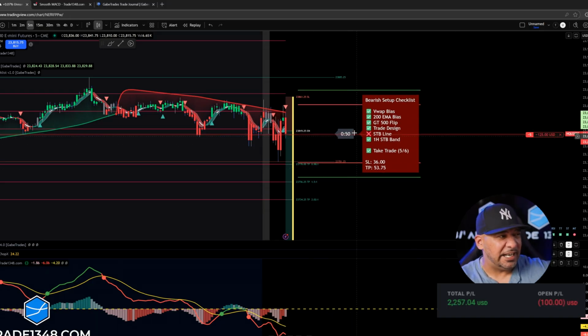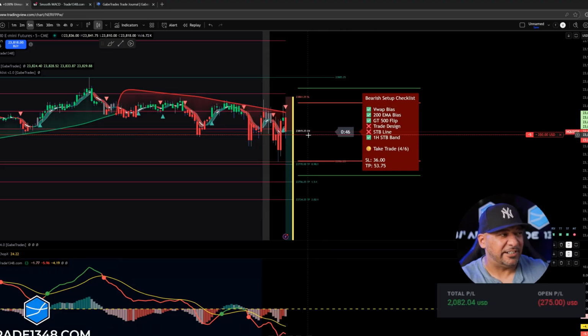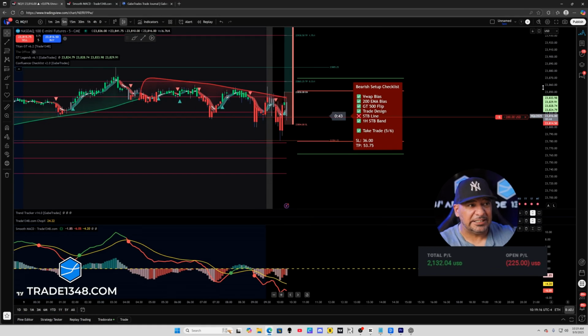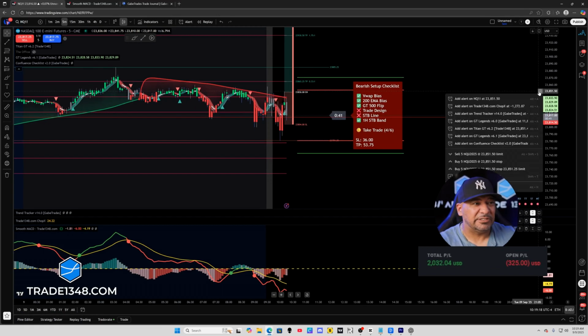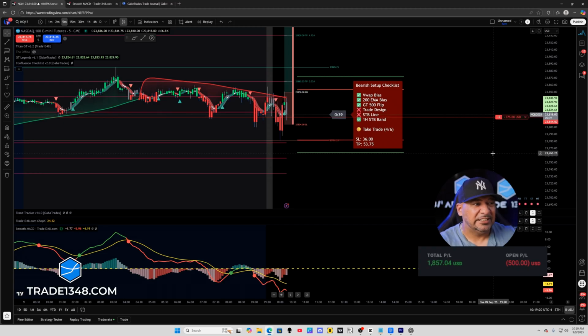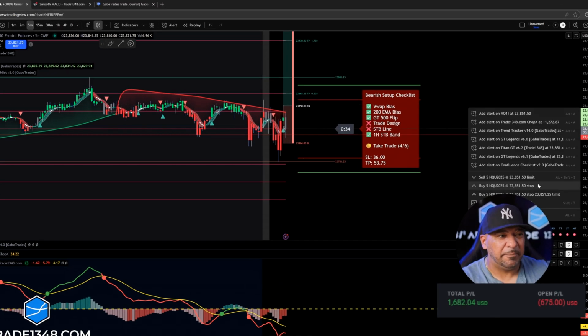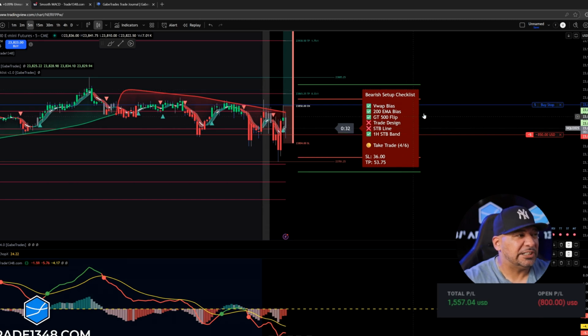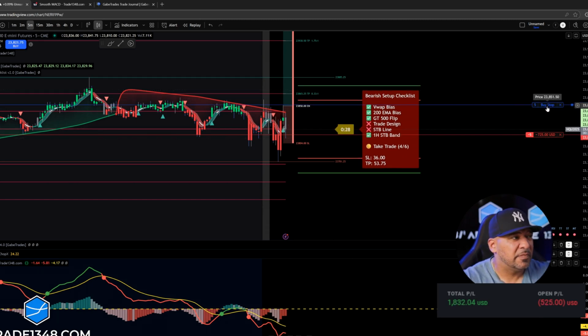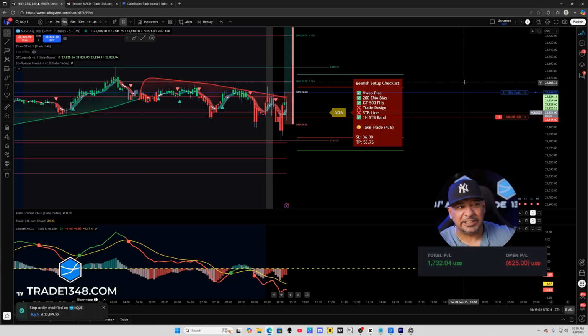Now, upon my entry, I also have a suggested stop right here, right? So let me just go ahead and set my stop. Don't set a stop too tight, right? Well, actually, it's the wrong one. We want a buy stop. Okay, so we don't set our stop too tight, because if we do, we get stopped out.